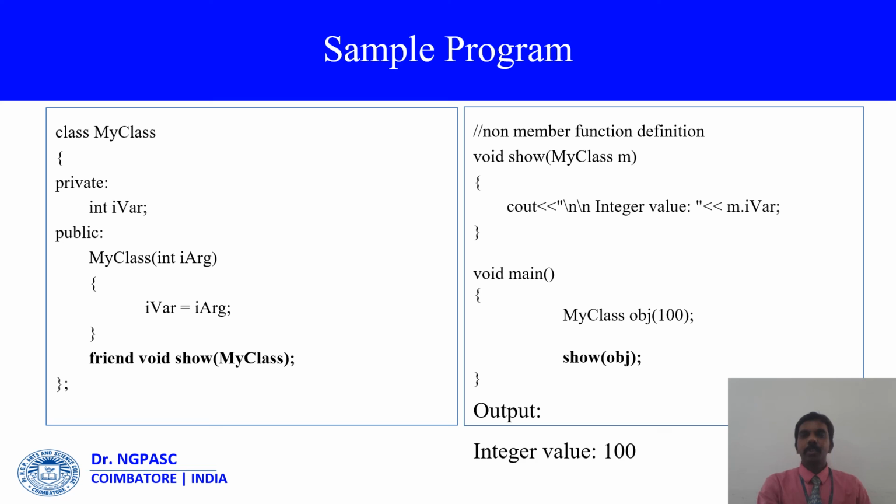It receives obj as an argument, and that gets copied into the argument m. Now m.ivar will access the private member of the class MyClass. So m.ivar is legal only inside the friend function show.